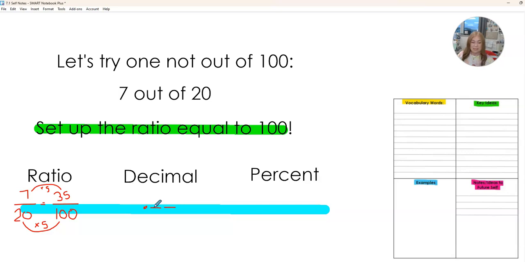It needs 2 places, tenths, hundredths. 35 hundredths. And then the percent, we come back to our ratio, 35, but I have to put that percent sign so we know it's out of 100. They're always out of 100.